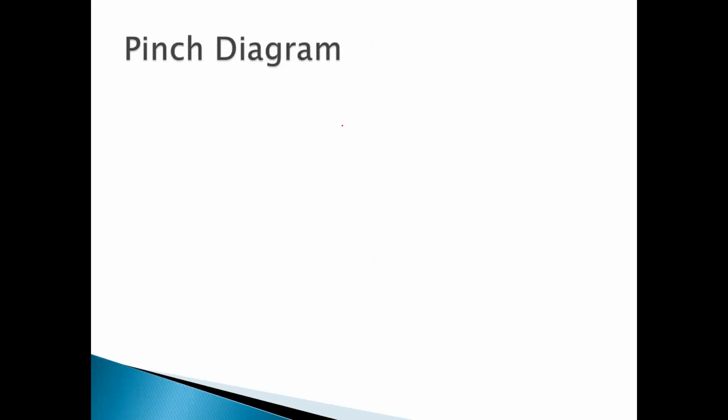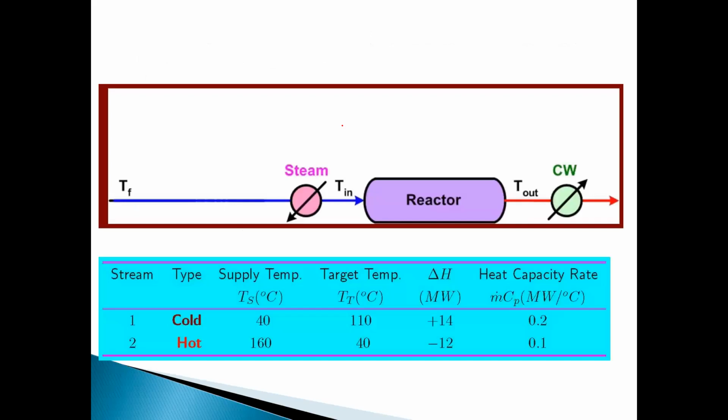Okay. So let's see how you construct the pinch diagram. For example, for this two heat exchanger example, where I have a hot stream to be cooled and a cold stream to be heated. How do I construct the pinch diagram? First, we need to tabulate them. How do we tabulate them?